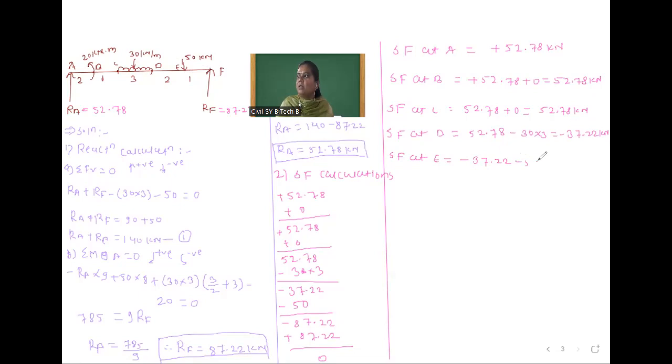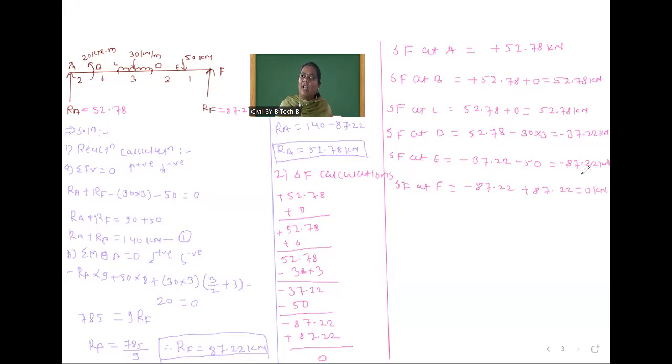So minus 50, which is equal to minus 87.22 kilonewton. Shear force at F is equal to minus 87.22, and here upward force is there, so plus 87.22, which is equal to 0 kilonewton.